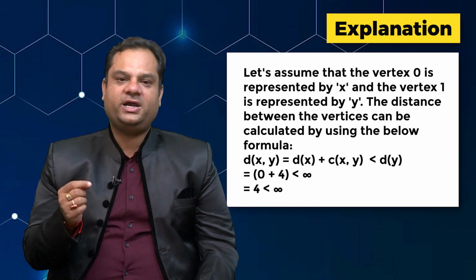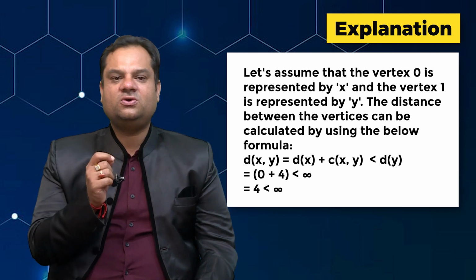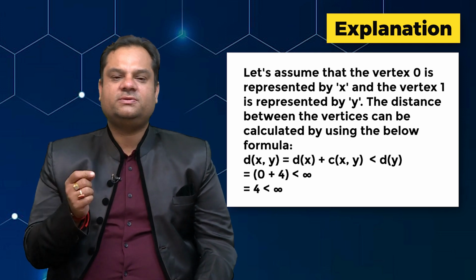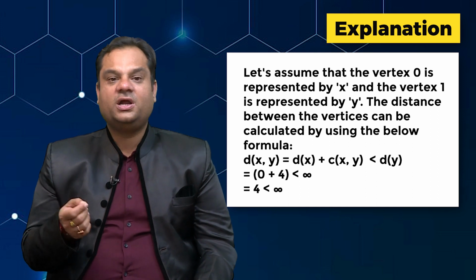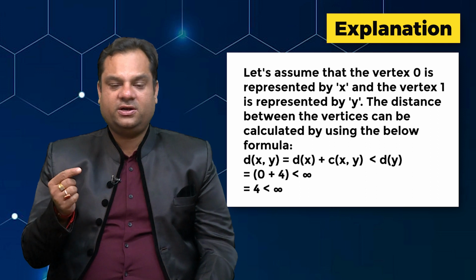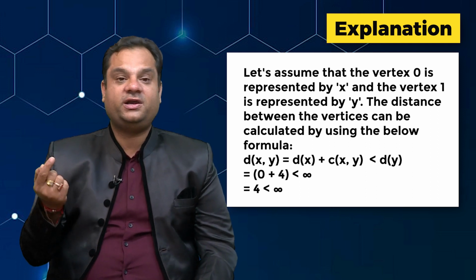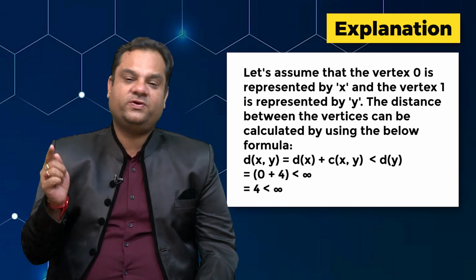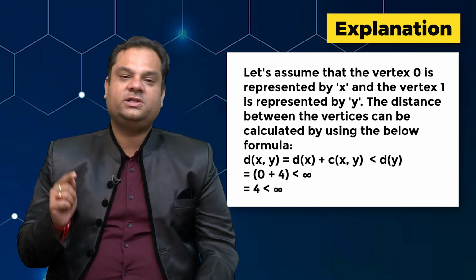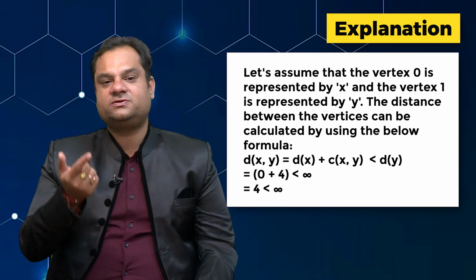We add both: d of x plus c of xy is 0 plus 4, which is 4, and 4 is less than d of y, because right now d of y is infinity. As I told you, you set the distance value of all the vertices to infinity initially. So the old value is infinity, and the new value is 4.